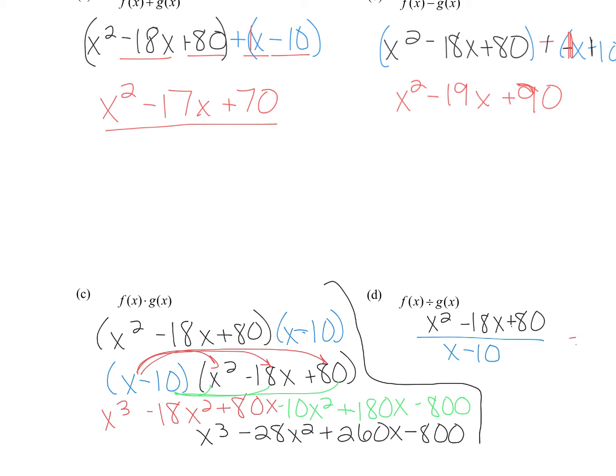But I do want to see if there's any possibility of factoring. So here, if I factor, I can factor the numerator. Numbers that add up to negative 18 and multiply to 80 are negative 10 and negative 8. So here I can cancel those x minus 10s out. Now, this new function is x minus 8.